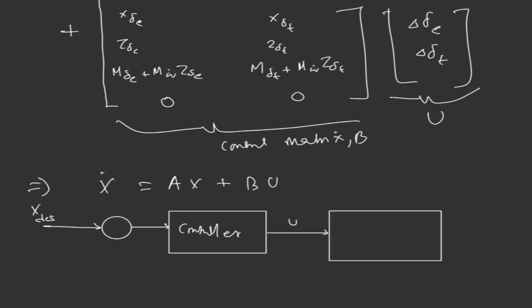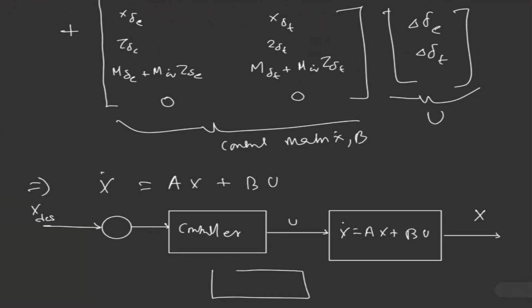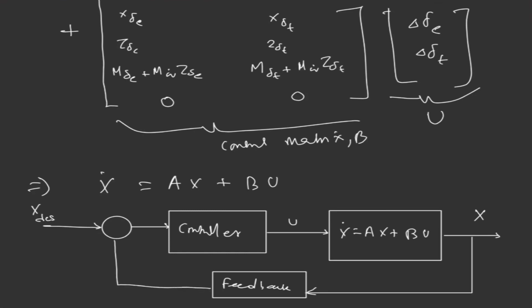This is x dot equal to Ax plus Bu, and this is our actual output x. Through the feedback path, the output is tracked by the feedback element, and this is negative, this is positive.